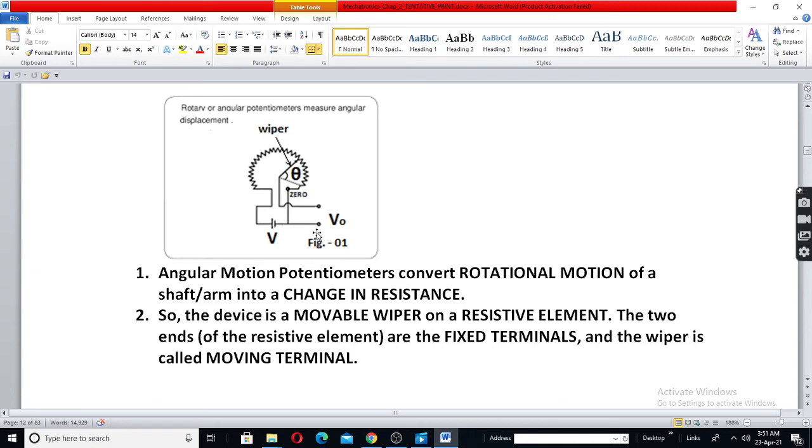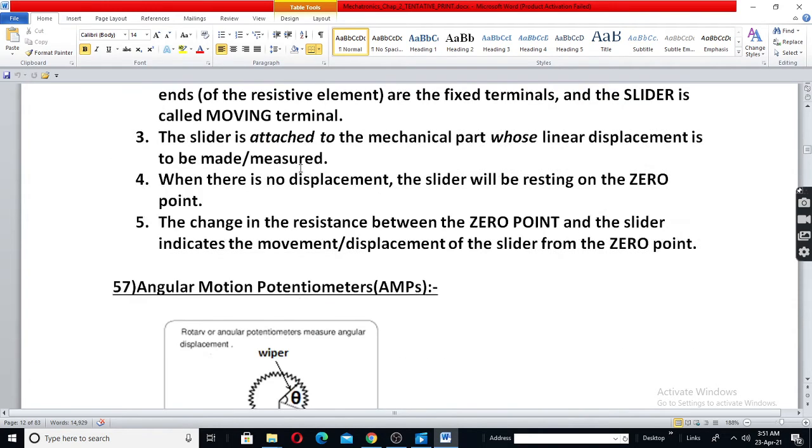Same thing: the reference voltage V is applied across the full resistance material. You can see here. Output is taken with the reference point negative, and with respect to the moving wiper.